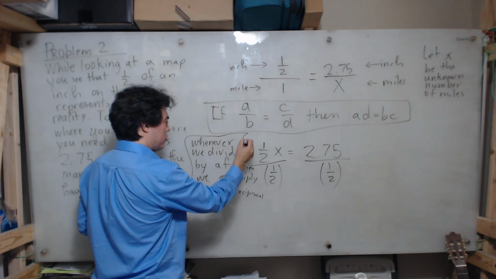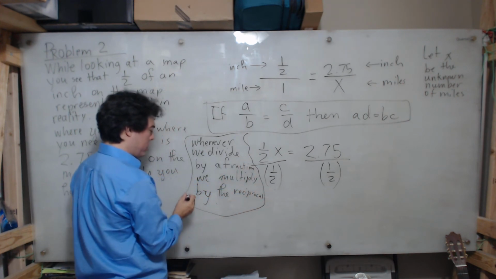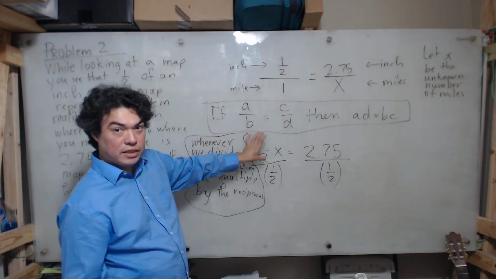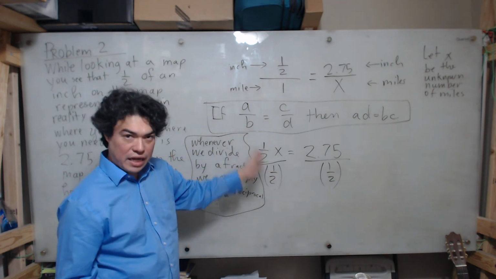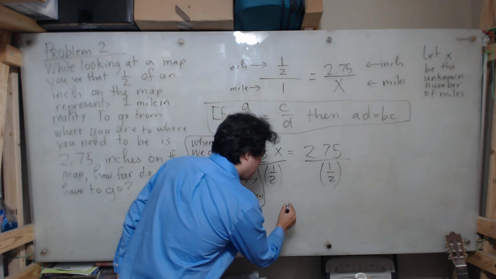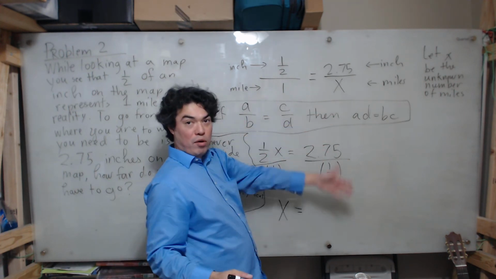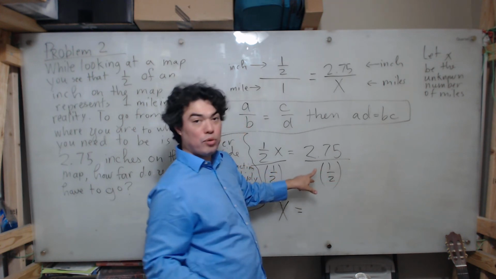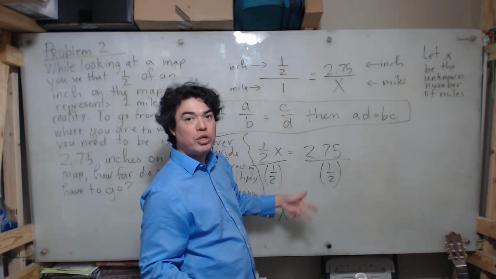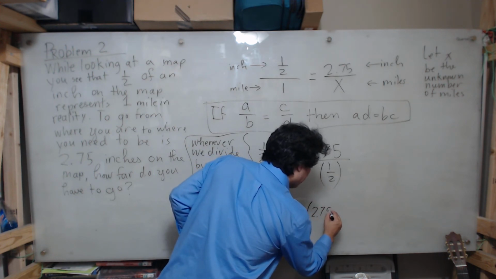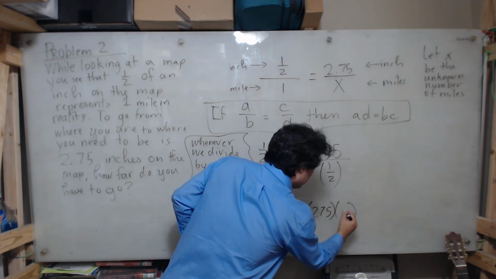So here, 1/2 x divided by 1/2, the 1/2s cancel. We're left on the left hand side with x. On the right hand side, I have 2.75 divided by 1/2. What's the reciprocal of 1/2? 2 over 1, which is just 2. So it's going to become 2.75 times 2.